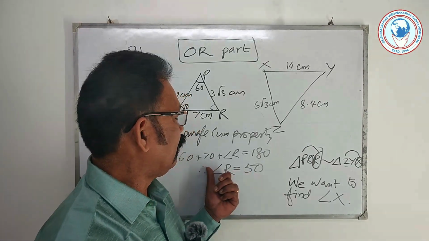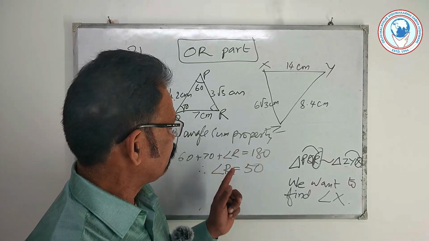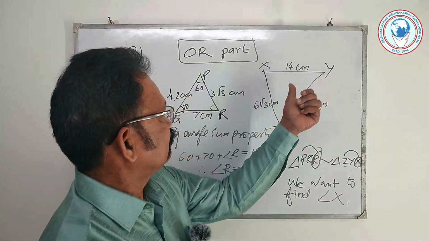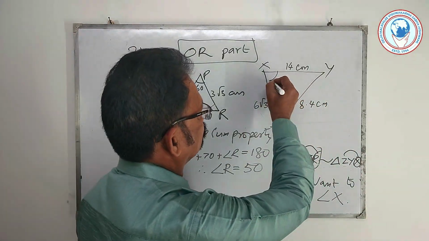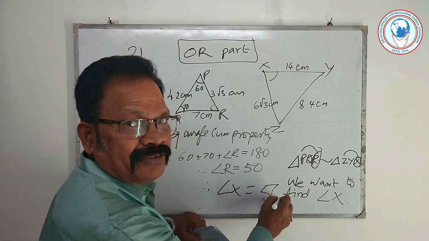We get angle R equal to 50. 60 plus 70 plus 50 is equal to 180. So the corresponding angle for R is x. Therefore angle x is equal to 50.